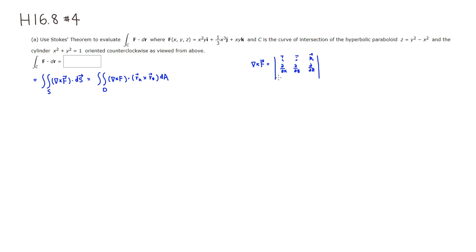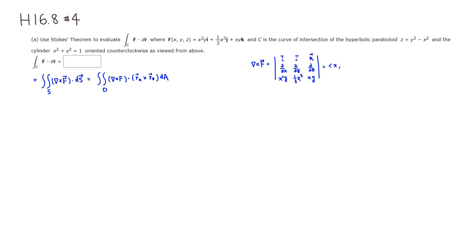The first component is partial of xy with respect to y, which is x, minus 0.